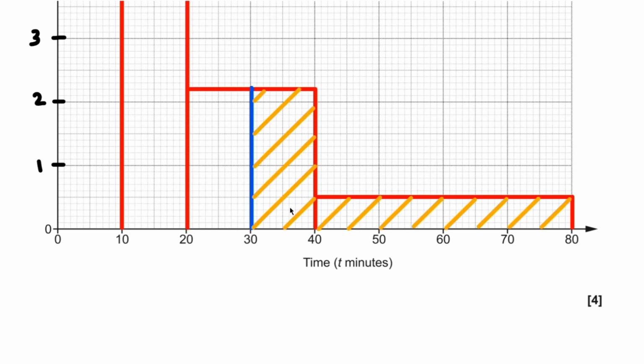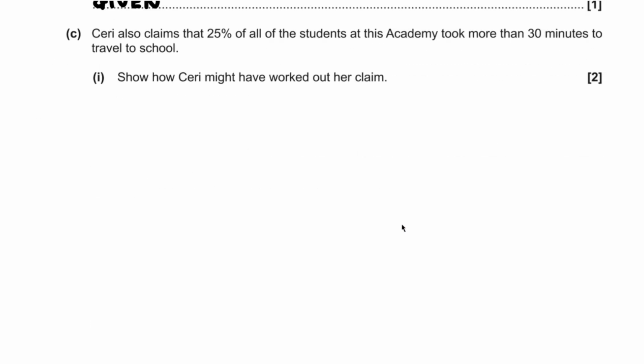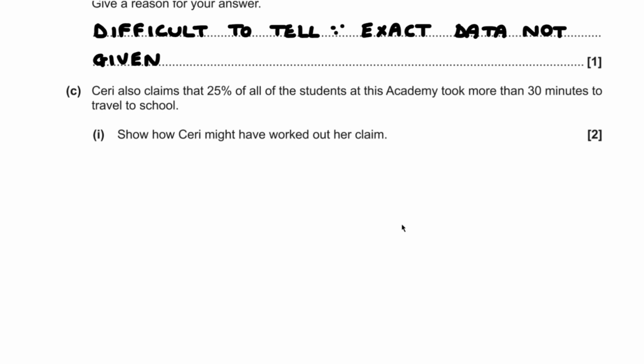So we've got here 10 times 2.2 plus 40 times 0.5. So let's work out what that is. I've got 10 times 2.2 plus 40 times 0.5, which is 22 plus 20, which is 42. So we've got 42 people who took more than 30 minutes.